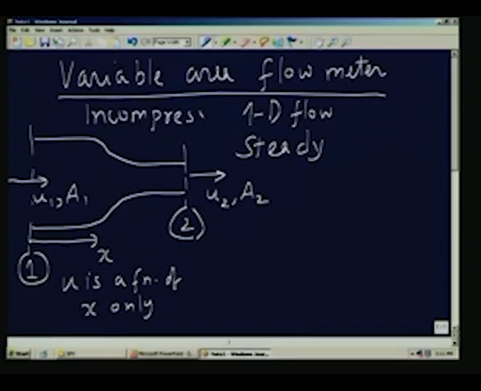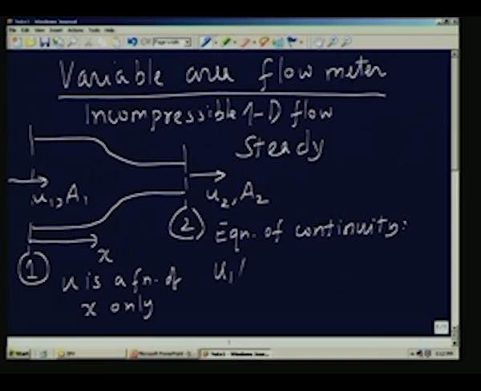That means that the density is constant, and therefore, the equation of continuity or mass conservation equation requires that the volume also be conserved. So, there is no change in the volume, and therefore, the volume flow rate, which is constant across the two sections, is given by u1 a1 across the section 1 must be equal to u2 a2 across the section 2.